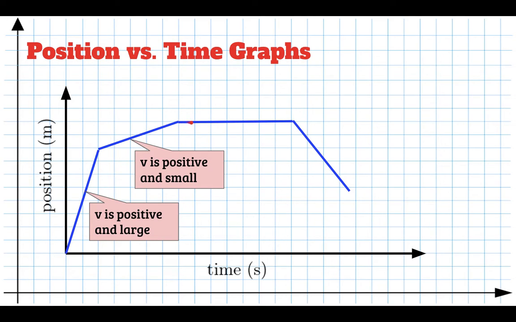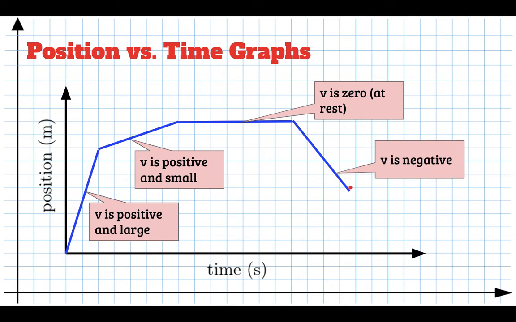Here, the slope is 0, and so because the slope is 0, the object is at rest. And that makes sense because as time goes on, from here to here, the position doesn't change. The object stays in the same location. And then here, the slope is negative, which tells us that the velocity is negative. The object is moving to the left.